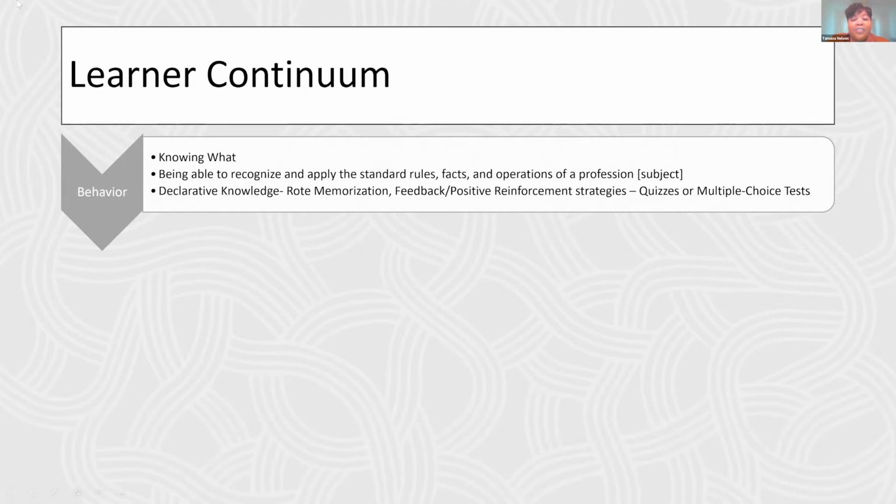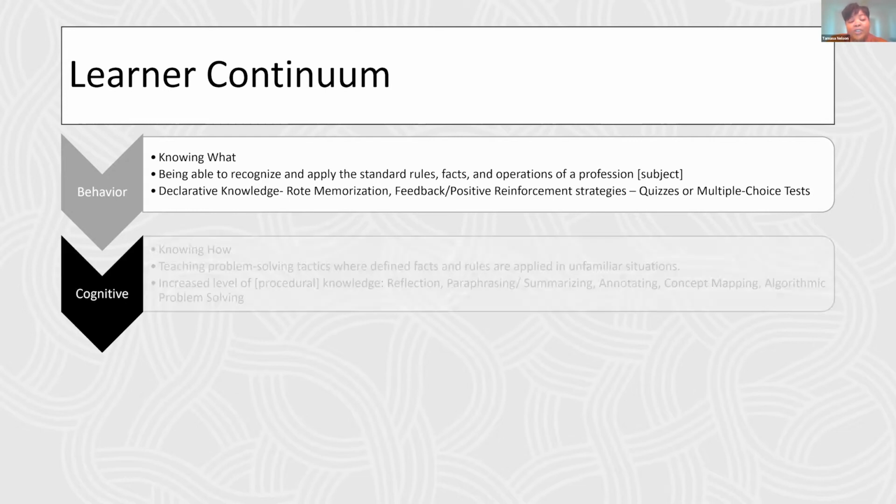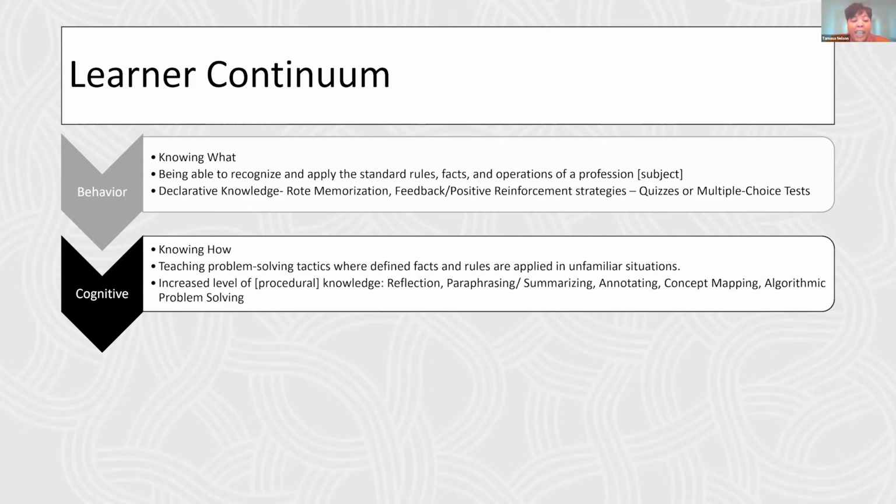They also have declarative knowledge, which we talk about rote memorization, feedback, positive reinforcement strategies. So that may be conducted through quizzes or multiple choice tests. So this is the behavior theory, and then we move into the cognitive level where we talk about knowing how.